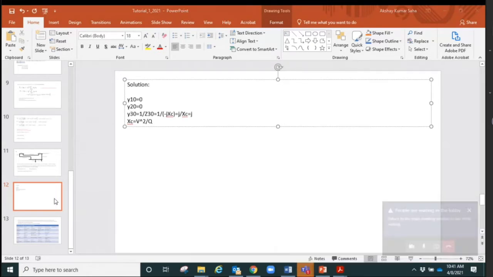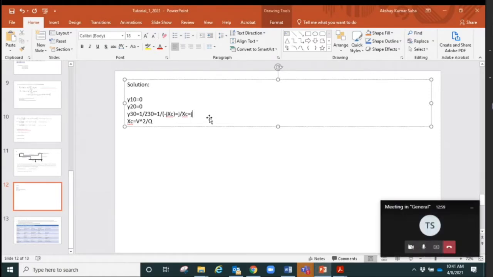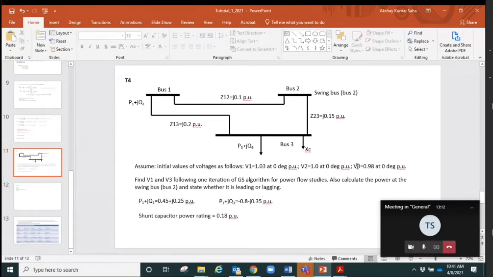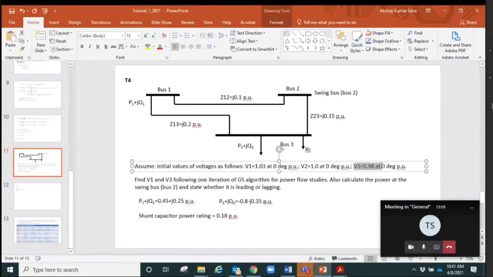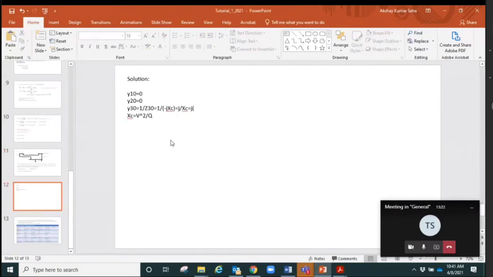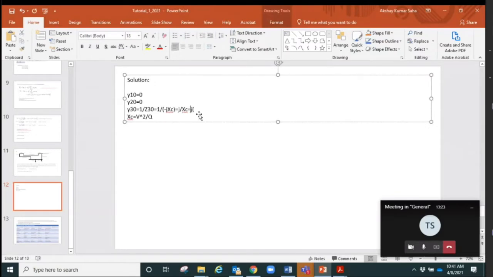So j is there, and XC is equal to V squared over Q. V is the corresponding voltage of bus 3. If we go back up to the formula, V is 0.98 at an angle of 0 degrees. So that's the voltage of bus 3, and that's what we need to use.